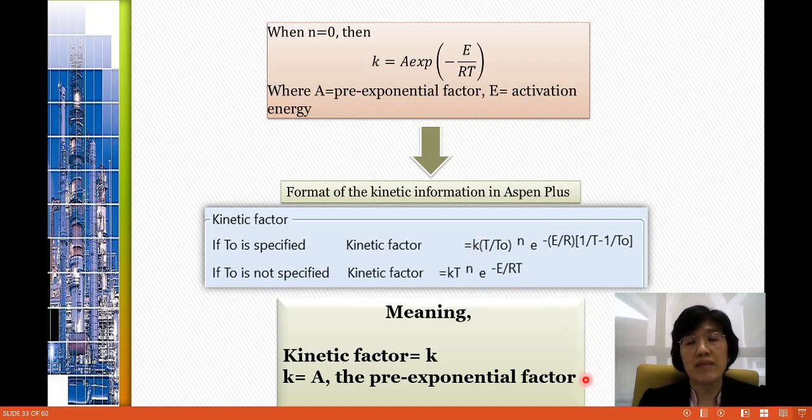A summary is given to you, so you have to process the kinetic data accordingly before you include it in Aspen Plus to ensure what you include is correct.